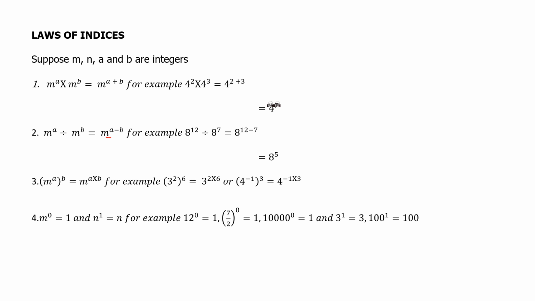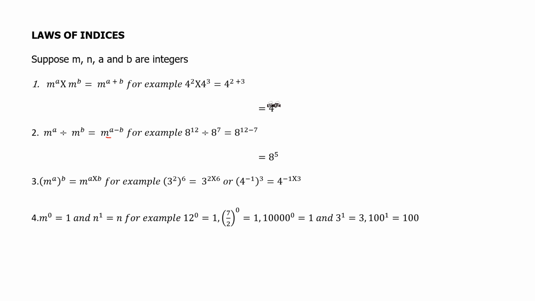Now, when we go to the next one, in O level, or in primary, they used to tell us that any number power 0 is 1, and any number power 1 is that very number. So m power 0 is equal to 1, then n power 1 is exactly n. For example, 12 power 0 gives me 1. 7 divided by 2 power 0 will also give me 1.